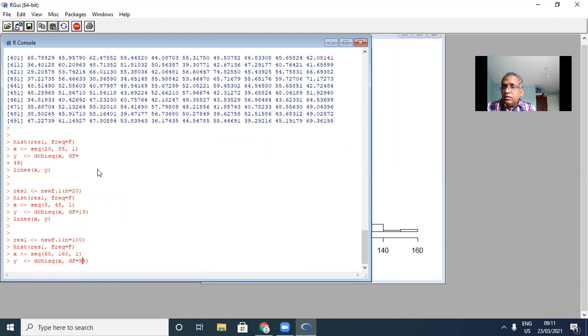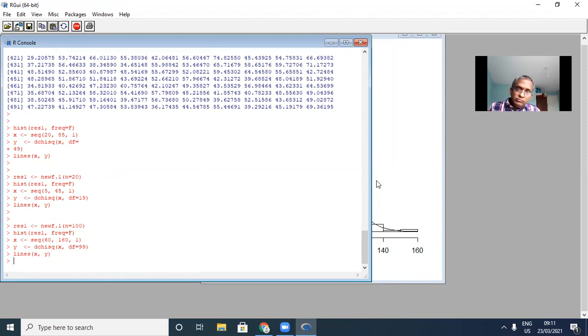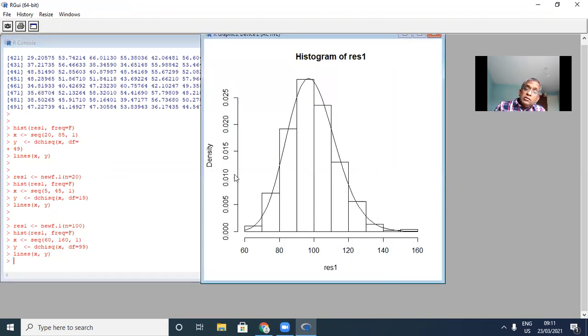Yeah. So the function new f dot 1 generates 500 samples, each of size 50 when n is 50.